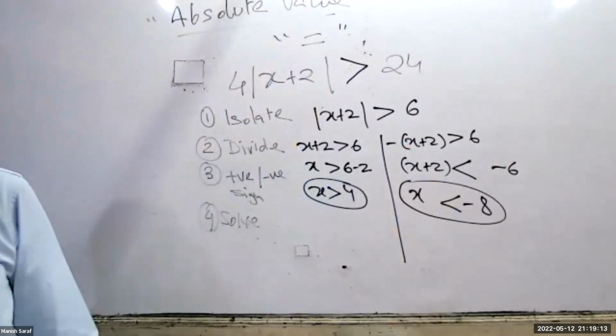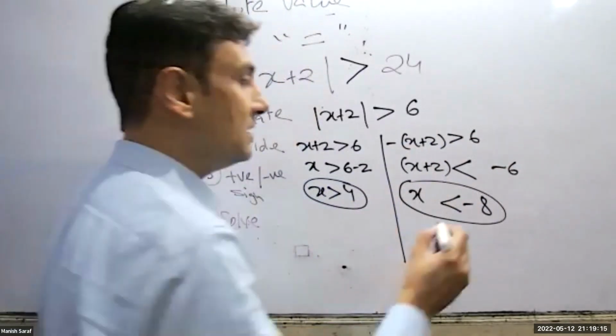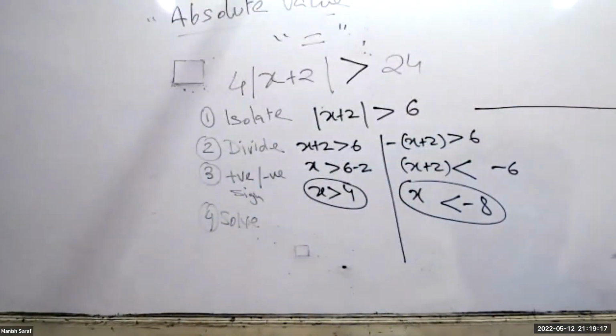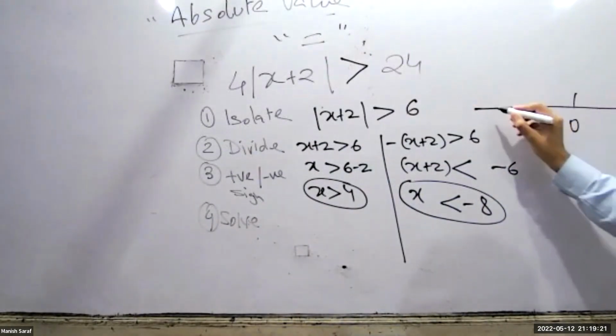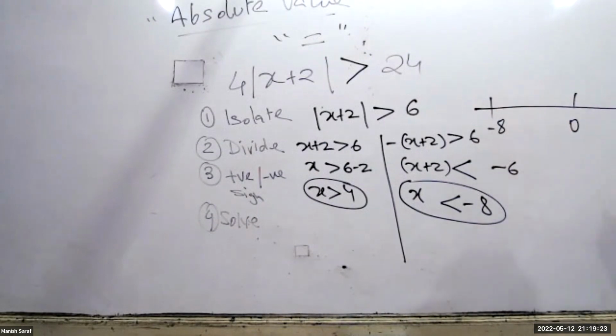So if you look on the number line, what is your solution here? Let's look on the number line. Let's say this is 0. Let's say somewhere here you have minus 8. Let's say somewhere here you have plus 4.